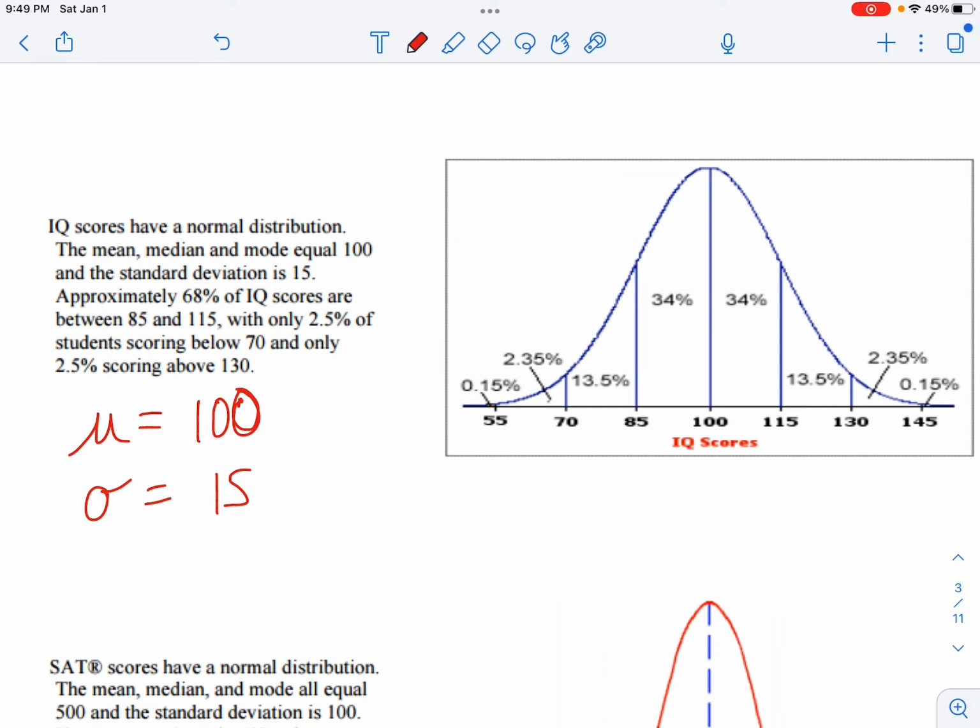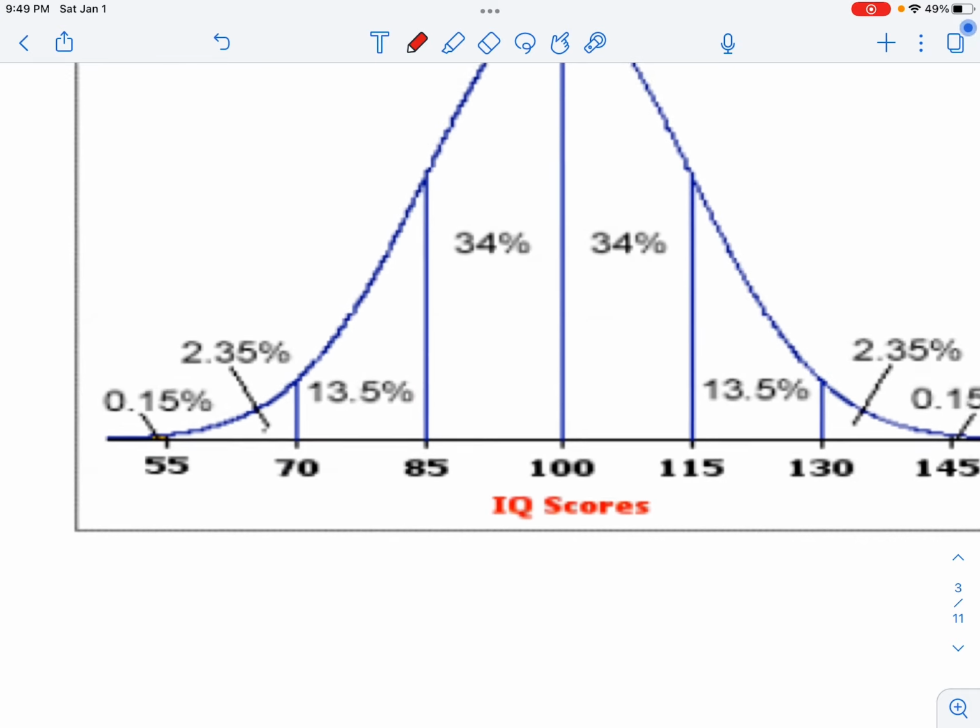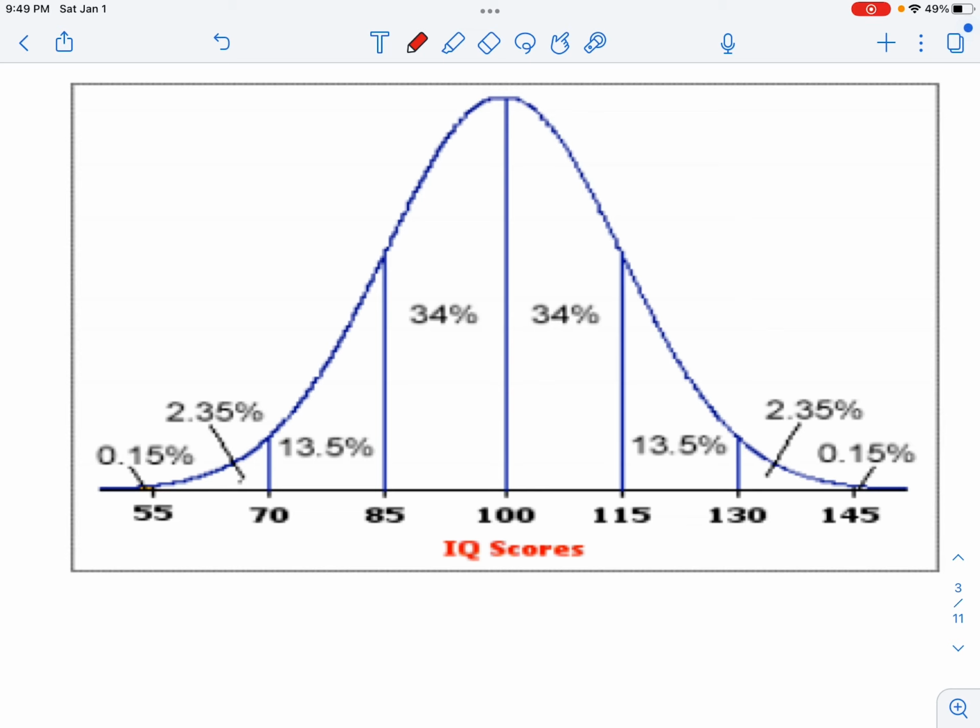Now, when you draw your bell curve, we're going to draw it in levels. So you always put the mean in the middle, right? That's the 100 right here. And then you want to draw 3 lines, and this is already done for us, representing 3 standard deviations. You want to draw 3 lines right and 3 lines left.